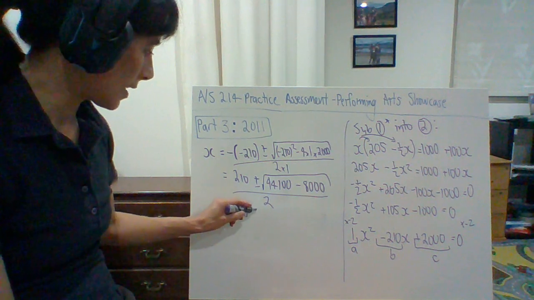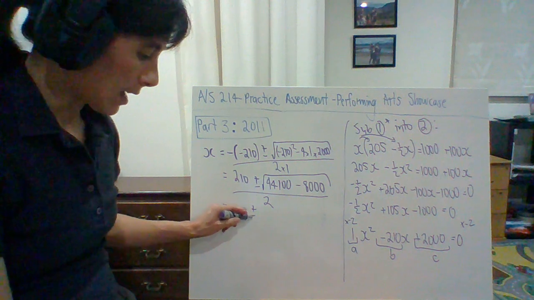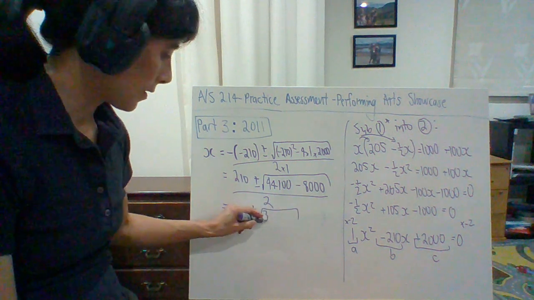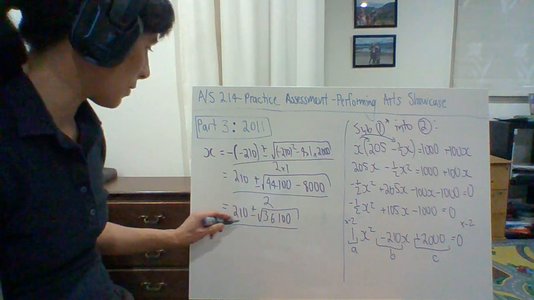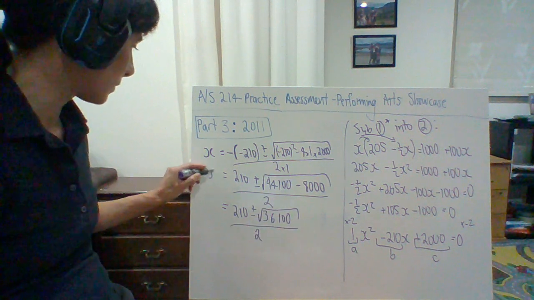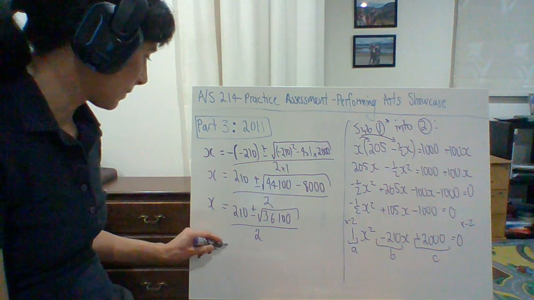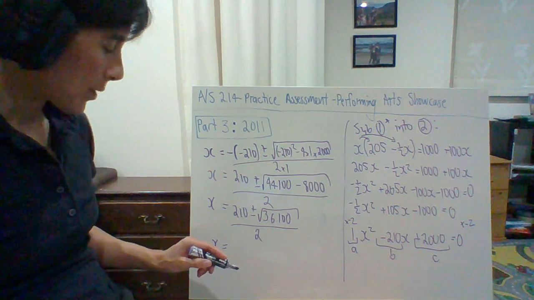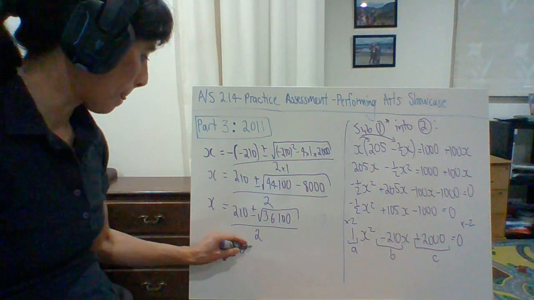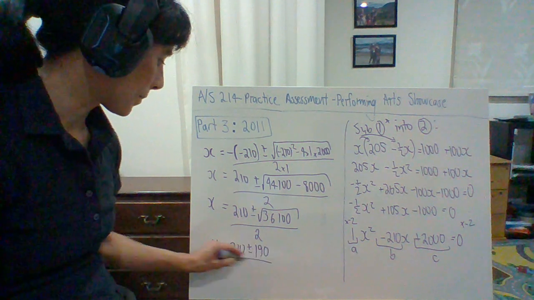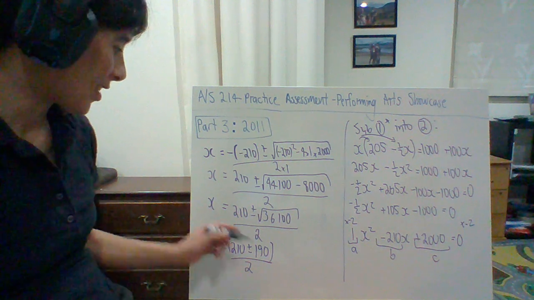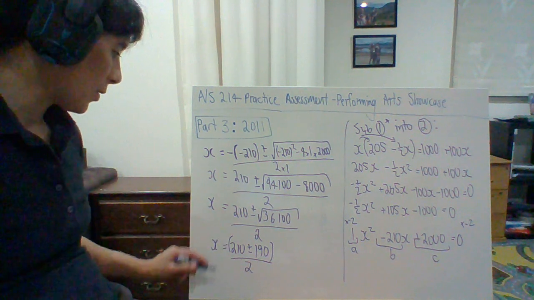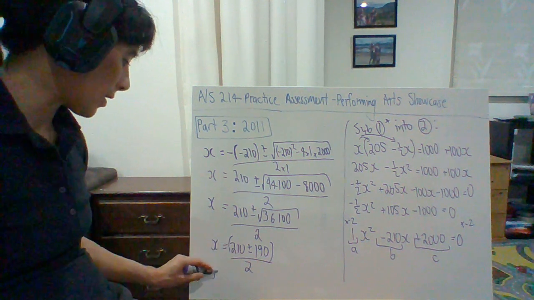So we've got 210 plus or minus the square root of 36,100, all divided by 2. When we square root that, we get 190. So it's 210 plus 190, all divided by 2, or 210 minus 190, all divided by 2.